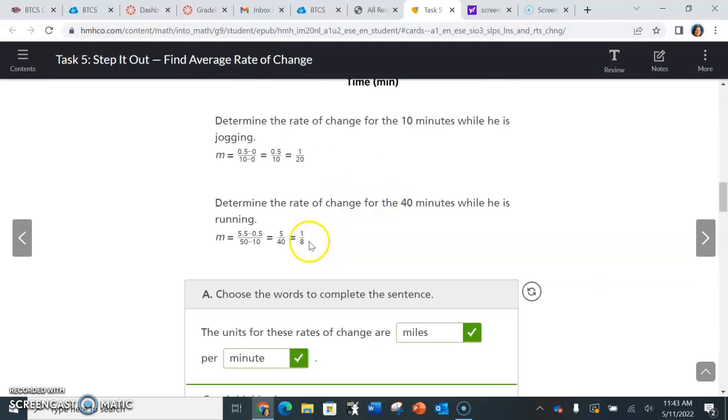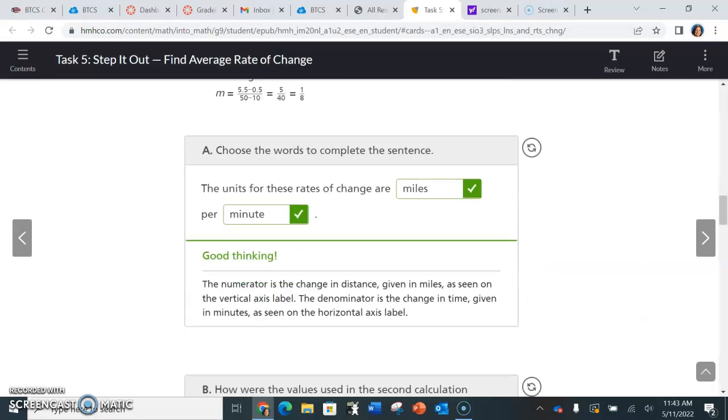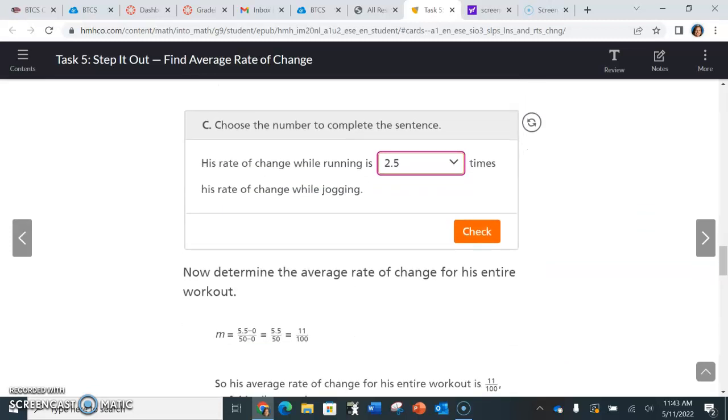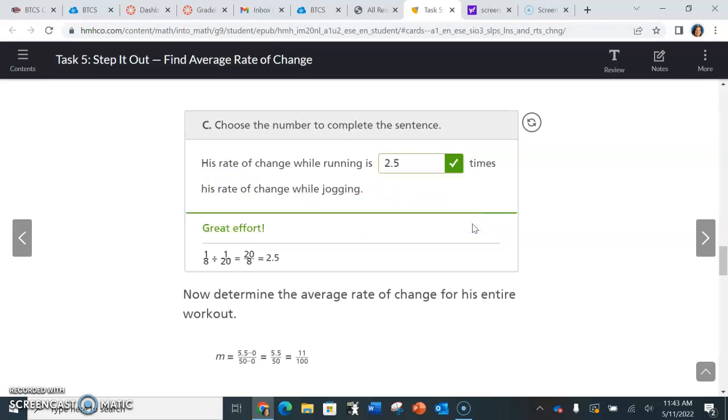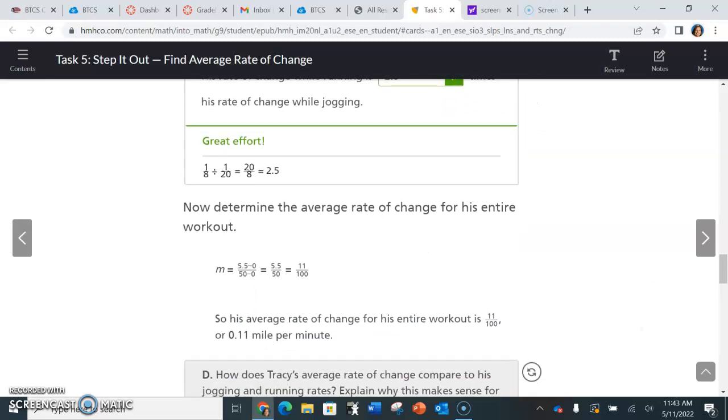And if you go 1/8, if you double that, it's 2/16, and then 2/16 is twice this, and then another half would be the 4 left over. So you got 2.5 times his rate of change while jogging. And all they did was divide those and reduce the fraction to show that here.